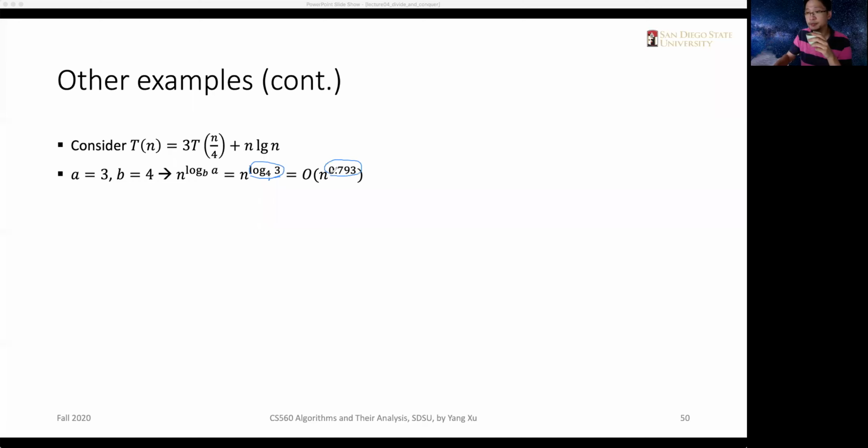So this is the approximated number. It's not the exact precise value. But now we can use this value as a way to determine whether it is case 1 or case 3 to fit with the master theorem.